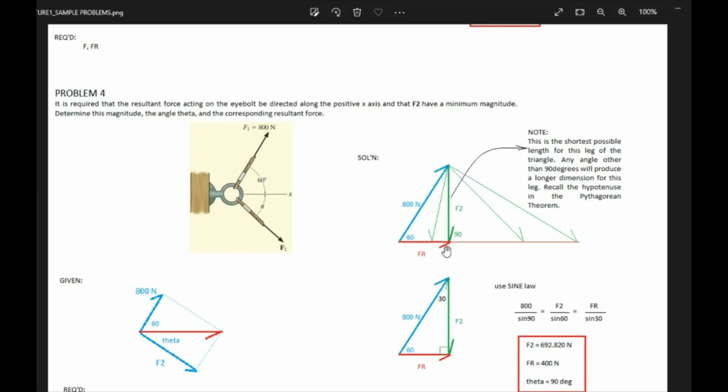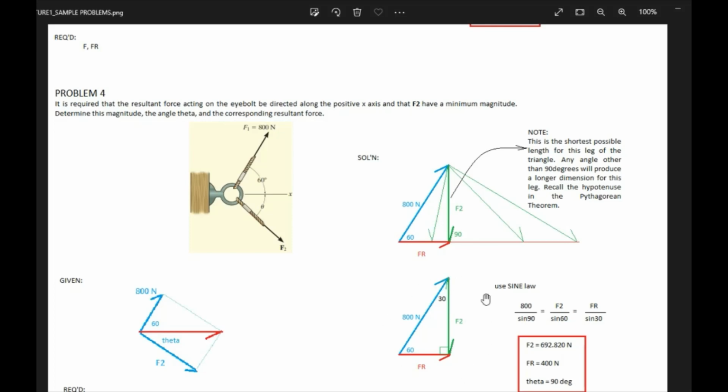Dahil alam na natin na ito yung shortest possible for F2, niredraw natin yung triangle. Ito. No? So, yan. Dahil ito ay 90, syempre, yung kabila, 90 din. Diba? Now, if this is 90, this is 60, what's left here is 30 degrees. Okay?